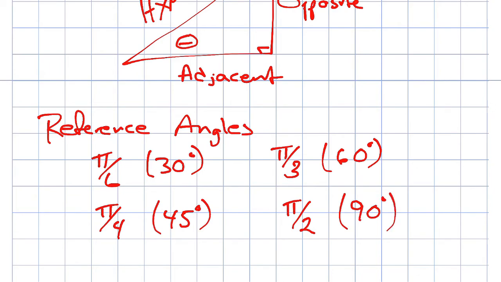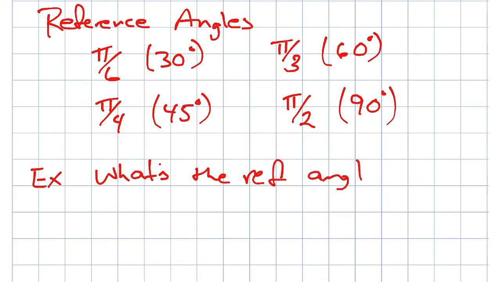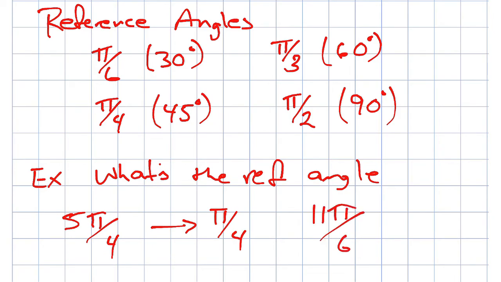For example, if I said, what's the reference angle of 5 pi over 4, it would be pi over 4. If I say what's the reference angle of 11 pi over 6, it would be pi over 6.